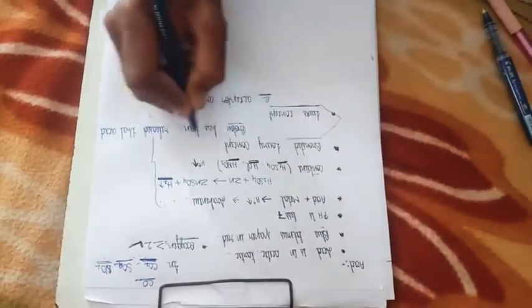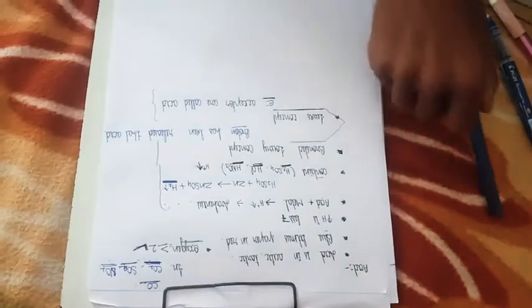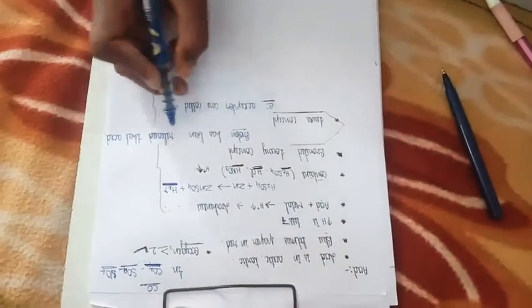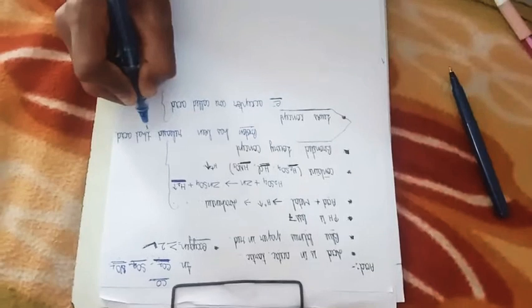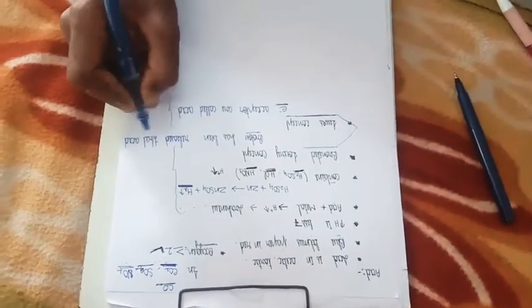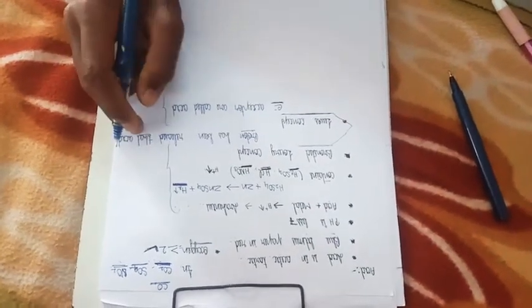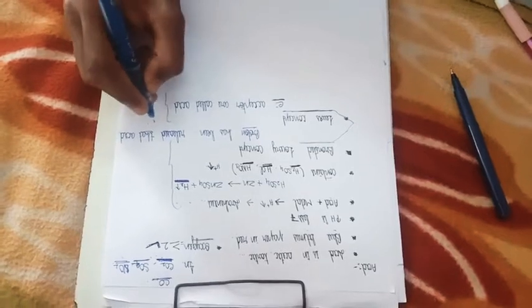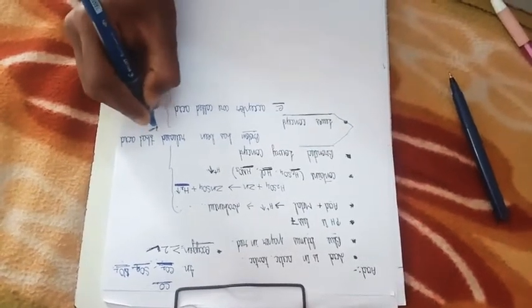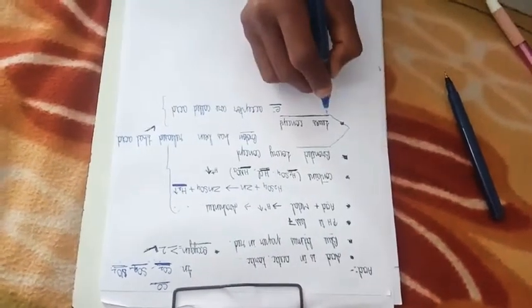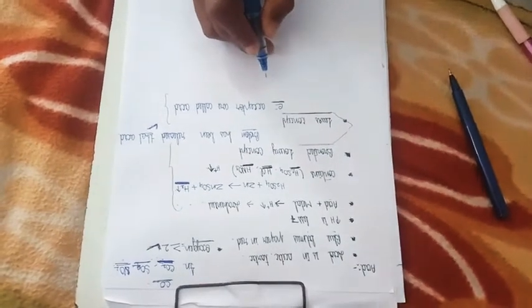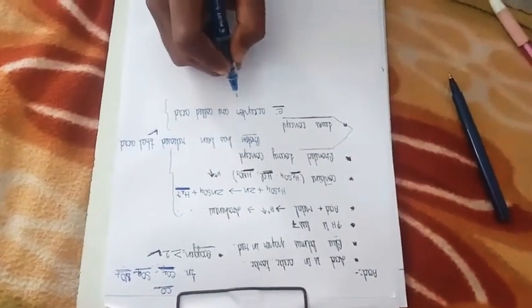According to the Bronsted-Lowry concept, if a proton is released, it's called an acid. That means if the reaction is done and a proton has been released, it's called an acid. According to the Lewis concept, acid is the electron acceptor.